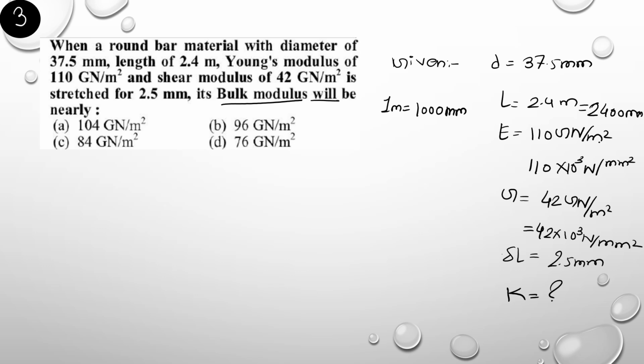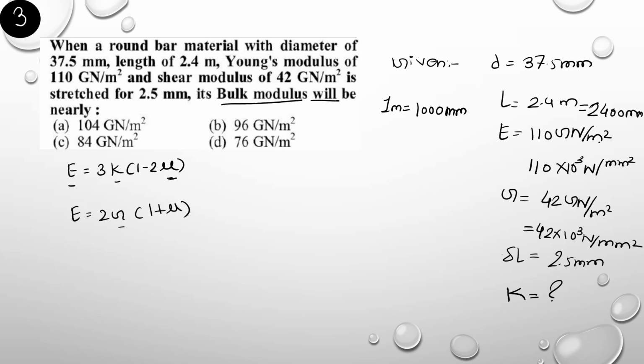For bulk modulus there is one formula: E equals 3K into bracket 1 minus 2 mu. But E is known, K is unknown, and mu is also unknown. Mu means Poisson's ratio, so first we find this mu. E has another formula: E equals 2G into 1 plus mu.